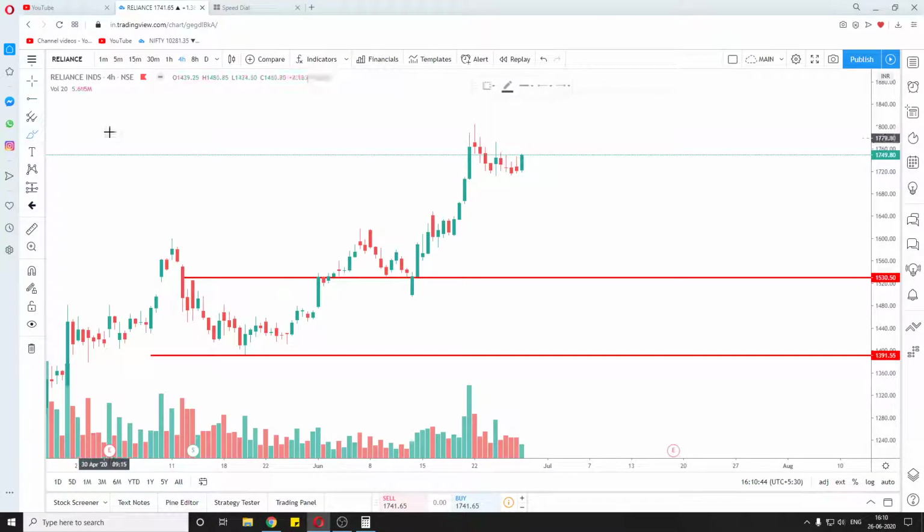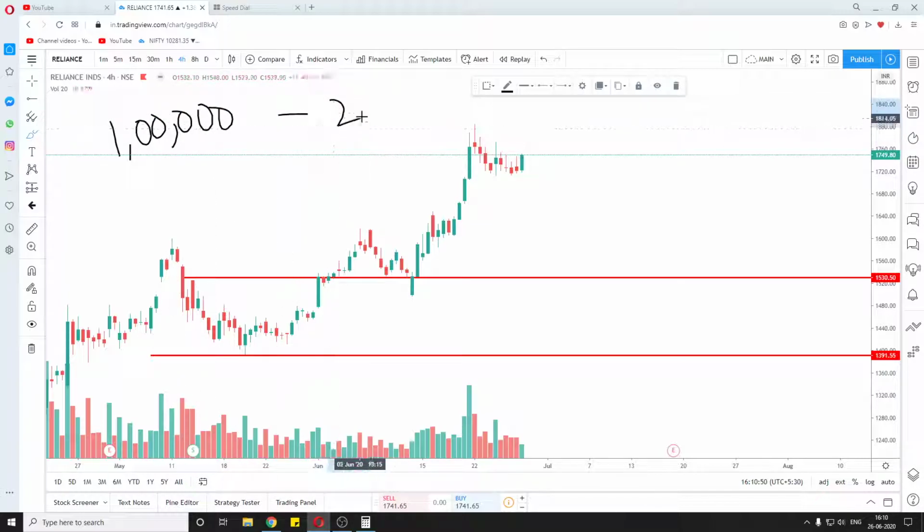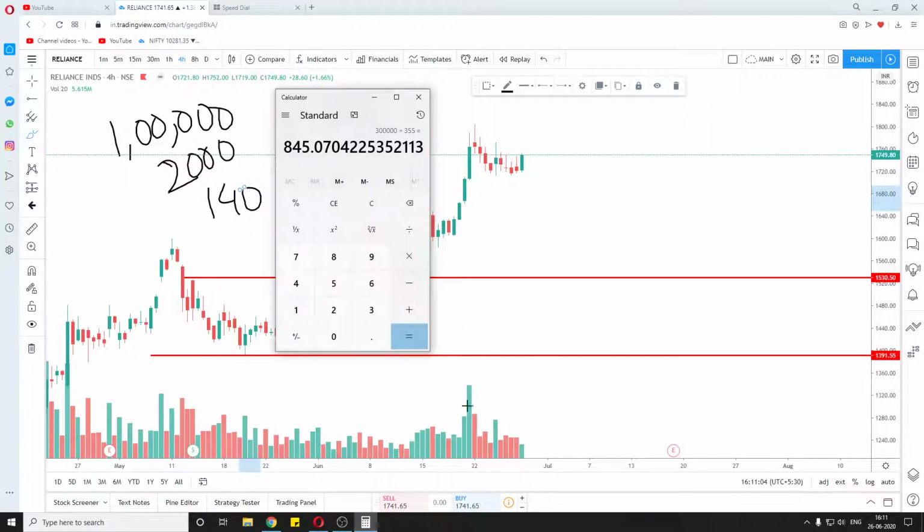So with 1 lakh capital, the maximum risk we will take is 2%. That is 2000 rupees. And our stop loss is 140 rupees. So what we do is divide 2000 by 140, which gives us 15 quantity.